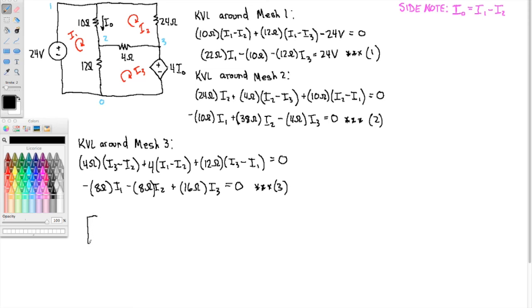Our first equation is 22 multiplying the I1, negative 10 multiplying the I2, and negative 12 multiplying the I3, and the constant term is 24. So this column is the I1 column, this column is the I2 column, this column is the I3 column, and this column is the constant.